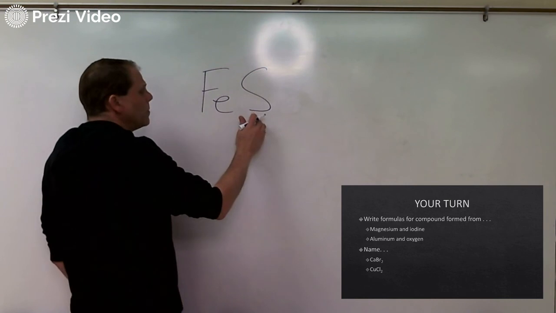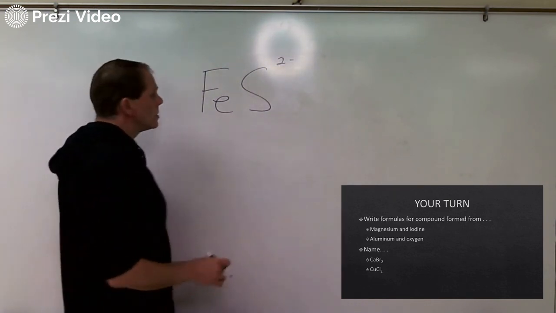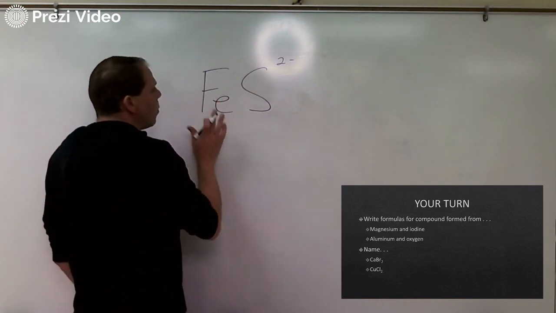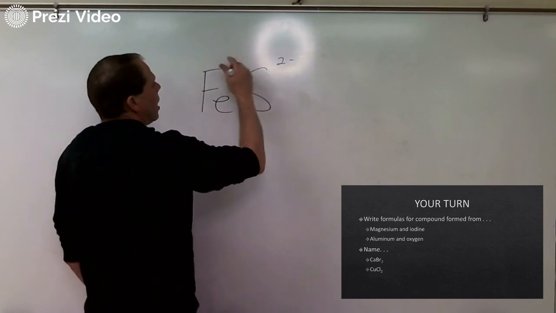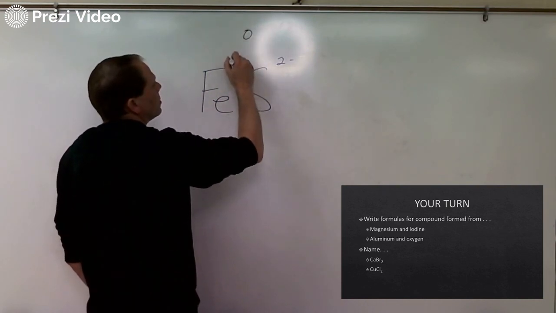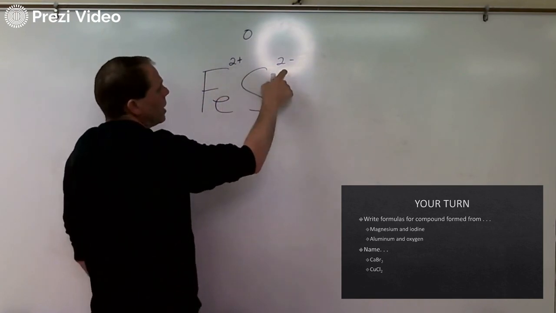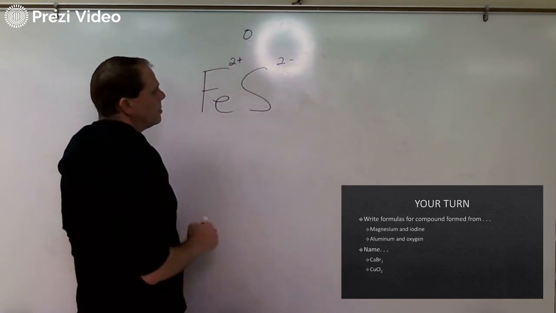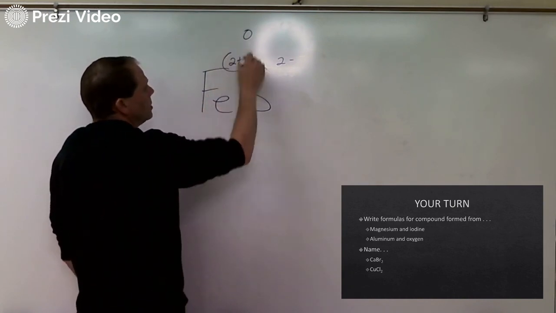Well, I start with my anion, and I know my anion's charge is 2 negative. It's in that 16th column. And so now what would iron need to be in order to balance out with a 2 negative? This whole thing has to add up to 0, and so it must be a 2 positive. So a 2 positive and a 2 negative balances out to give us a 0. And so in this case, I say, oh, well, this must be iron 2 plus.